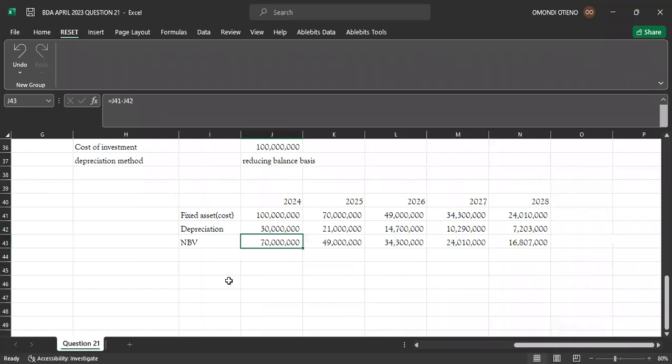Net book value is, okay, maybe you have this knowledge of cost minus accumulated depreciation. Maybe. So is it that you are confusing it with this concept, cost minus accumulated depreciation? Is this what is giving you the confusion between the two?